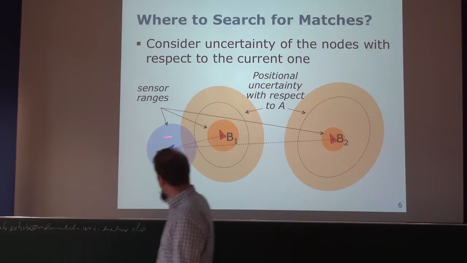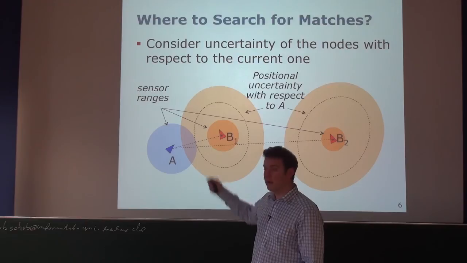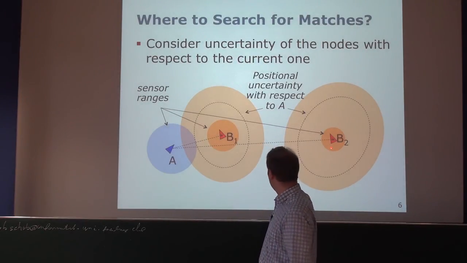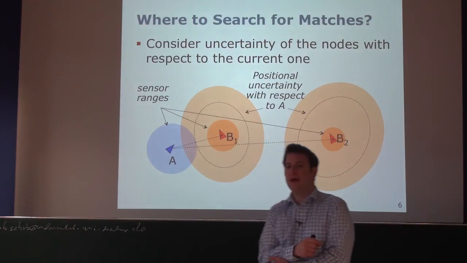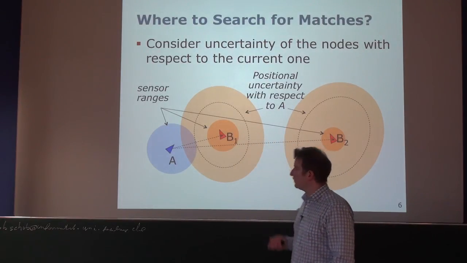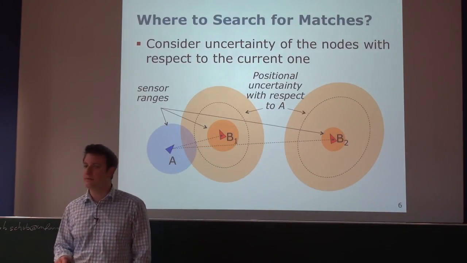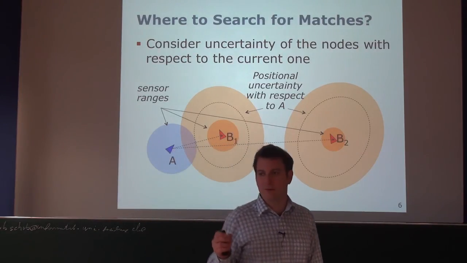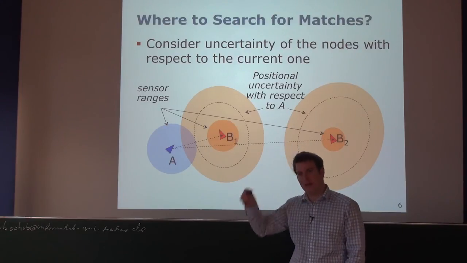So I can say, given I'm here at the moment, and that's my sensor range, I can compute where those other poses are, in this case B1 and B2. Just two examples, could be more, obviously. And then I can also estimate the uncertainty of those poses B1 and B2 relative to A. I do that by eliminating the node A from my linear system, inverting the resulting Hessian, and looking at the main diagonal blocks.